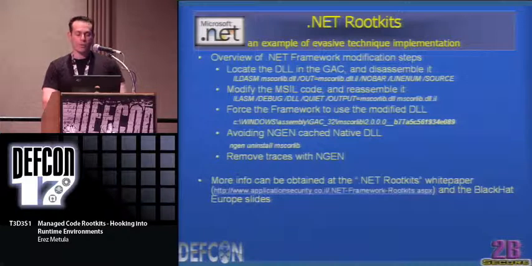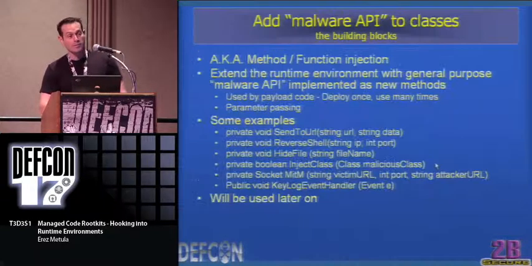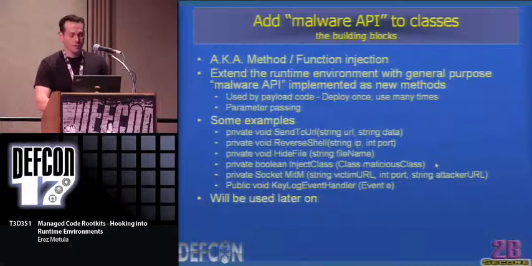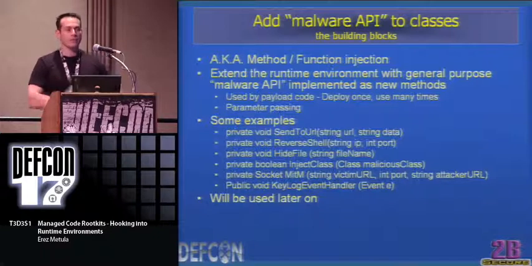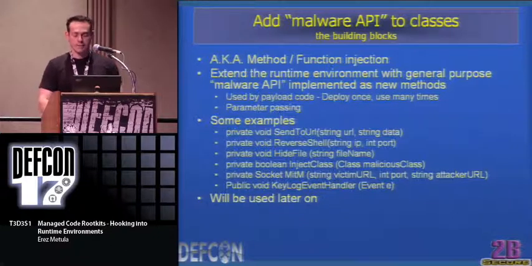So the parameters are where to send it and what the data is. Reverse shell: please open a reverse shell for me on an IP and port, some specific stuff that I do, so call this function. Hide file, inject class, man in the middle, which returns a man in the middle socket, and the key log event handler.